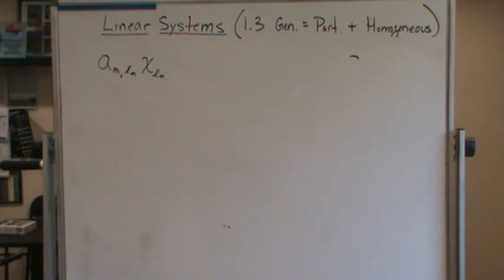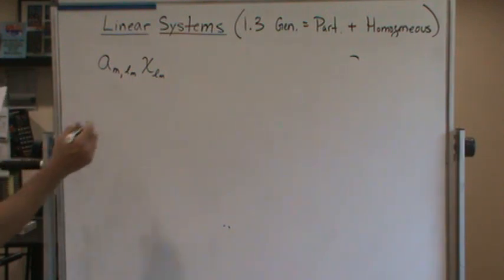Now, any variables to the right of this variable are automatically free variables. They have to be free by what we're starting with. So we're going to move these to the right, but let's finish this off before we do that.